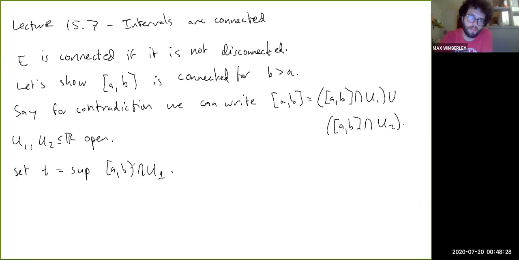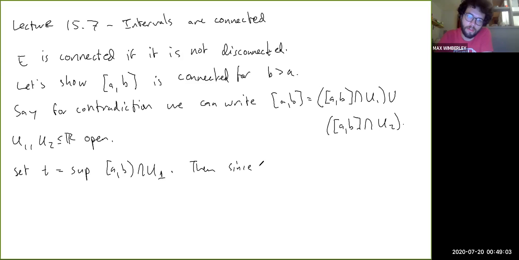The reason we use an open endpoint here instead of a closed one is because otherwise, it could be that U1 contains both a and b, and then U2 is somewhere in the middle. That's annoying, because then the supremum won't be the place where they touch. It'll just be some random point in the middle. So we're not going to take the supremum of the full intersection, but this supremum here.